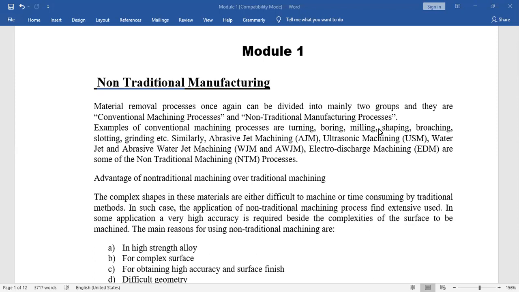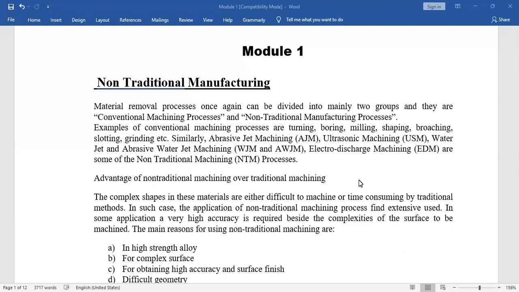Now, the second difference is that in conventional machining process, a much complicated surface cannot be manufactured. But with the help of non-traditional machining process, the complex shape can be manufactured. So this is the second important difference.